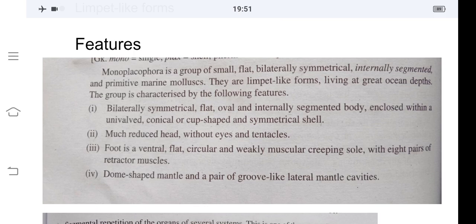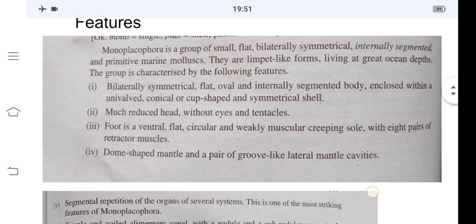Head is reduced without eyes and tentacles. Foot is ventral, flat, circular and weakly muscular creeping sole with 8 pairs of retractor muscles. Dome-shaped mantle and a pair of groove-like lateral mantle cavities are present.